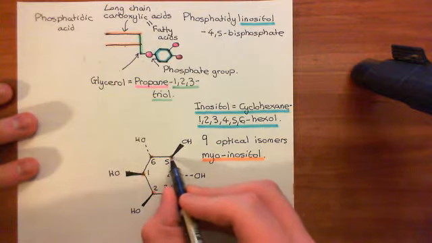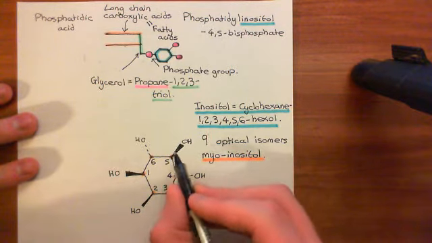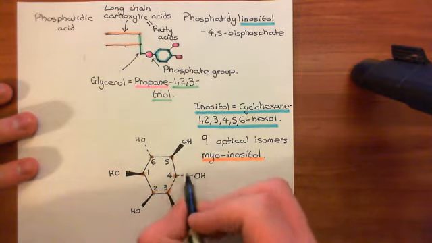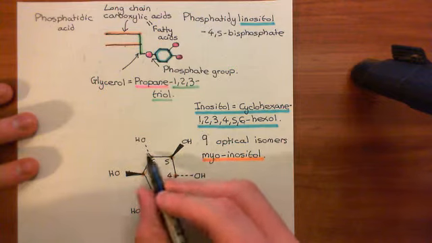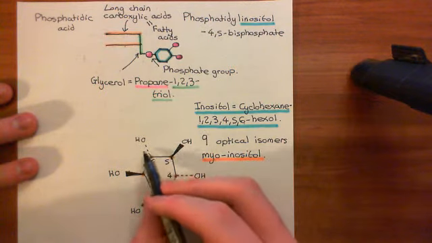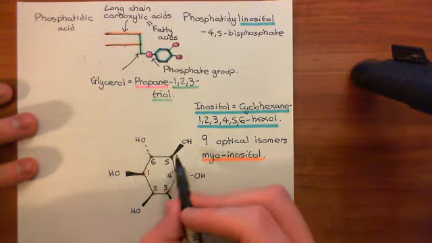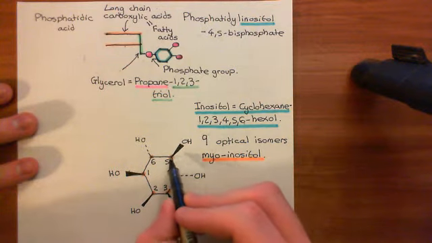This fifth carbon, its alcohol group comes out of the page towards us, and it is positioned in between two carbons which have their alcohol groups going into the page away from us, i.e. going in the opposite direction to the alcohol group of the fifth carbon.